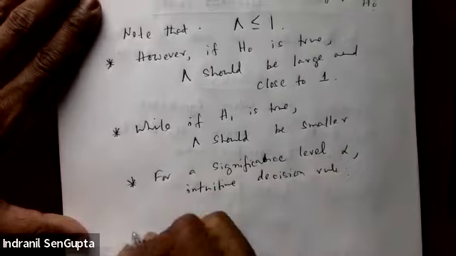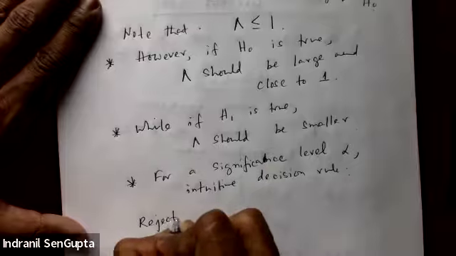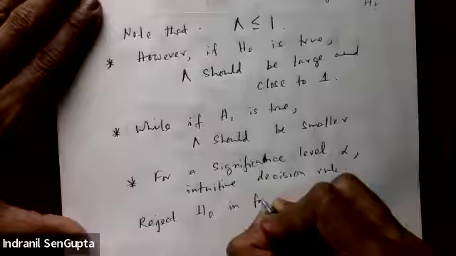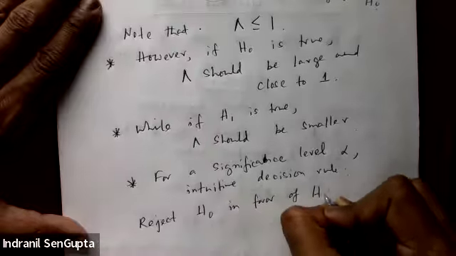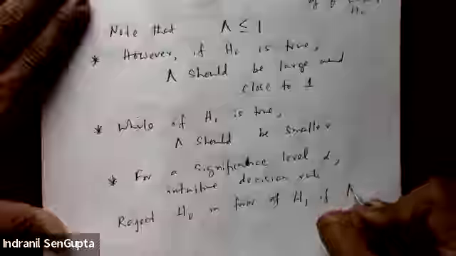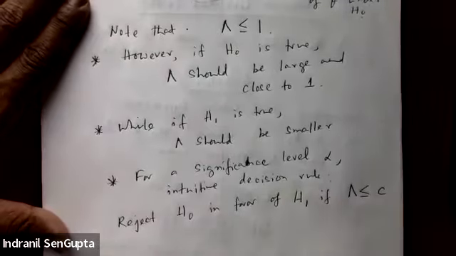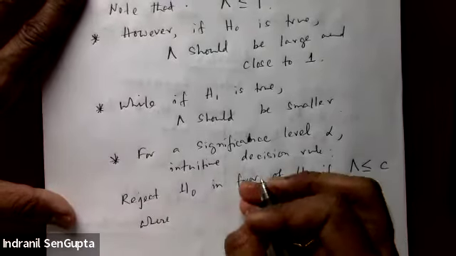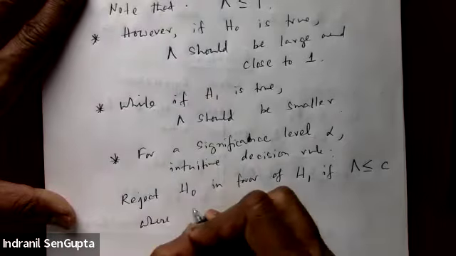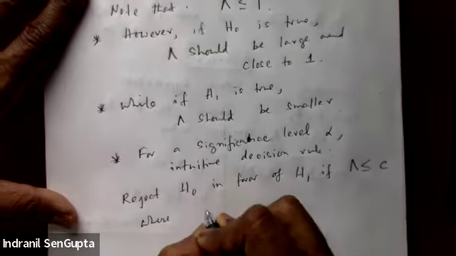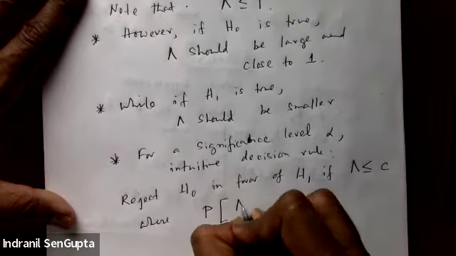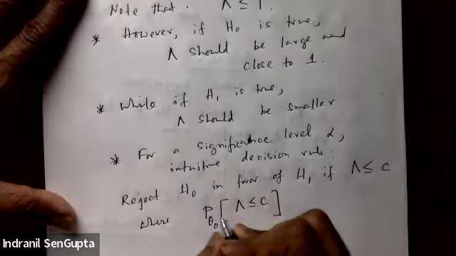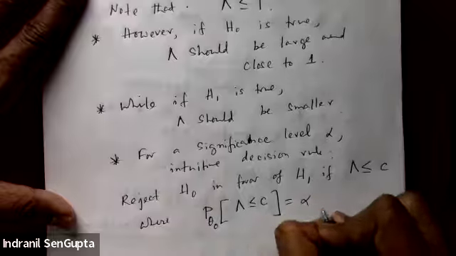What is the decision rule? Reject H0 in favor of H1 if this lambda value is smaller than some C, where C is such that the probability of lambda less than C under the null hypothesis is alpha.